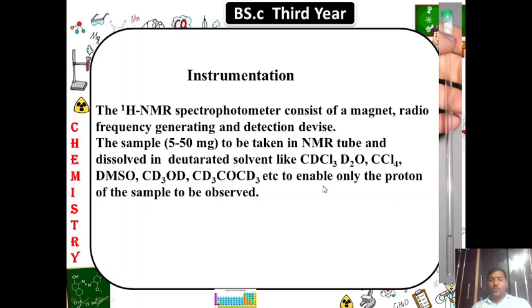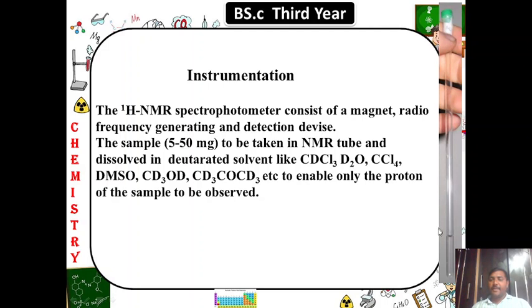Why are deuterated solvents used? Because they do not give a proton signal in NMR spectroscopy. These are different solvents, such as CDCl3 and DMSO, that dissolve the compound. Otherwise there would be a solvent peak in the spectrum.